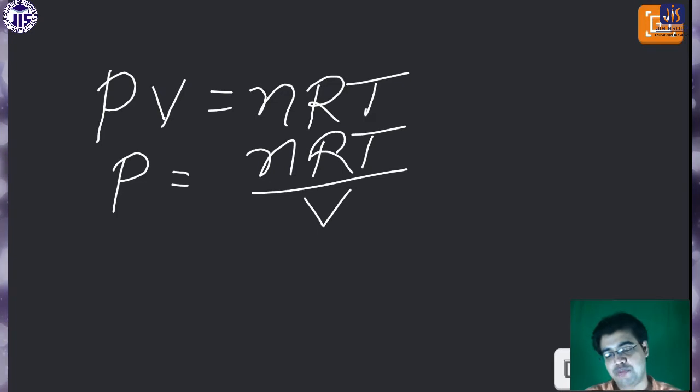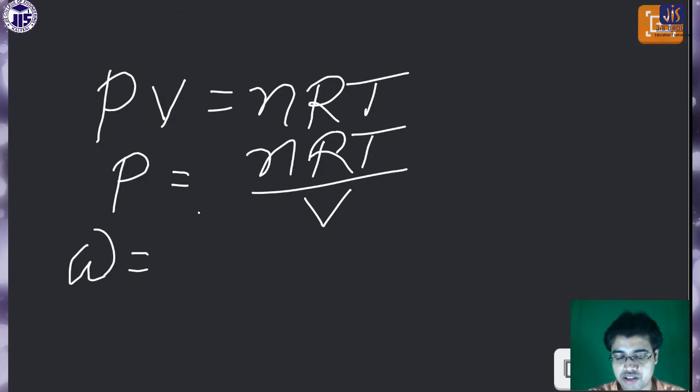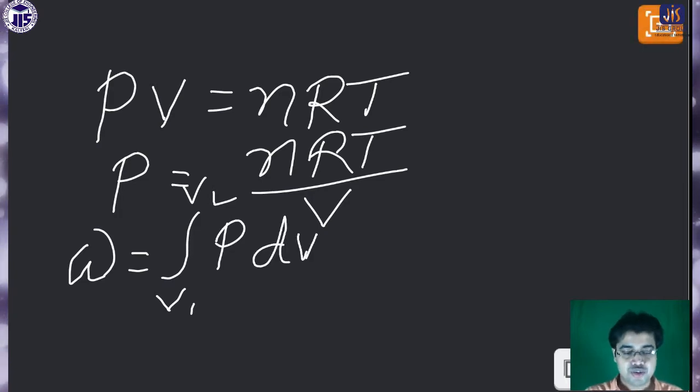You know that W is equal to the integration from V1 to V2 of P dV. That was the expression. In this expression, obviously it will be reversible.